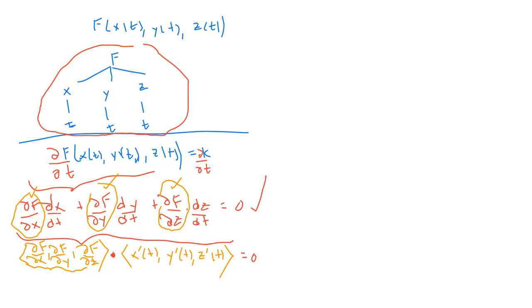I'll give you a hint. It begins with a G. First letter G, second letter R. The gradient vector, that's right. So this here is the gradient vector of your function. And you're dotting it with what's this vector here?